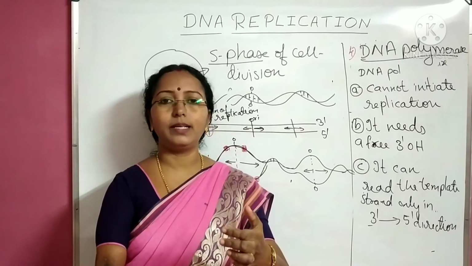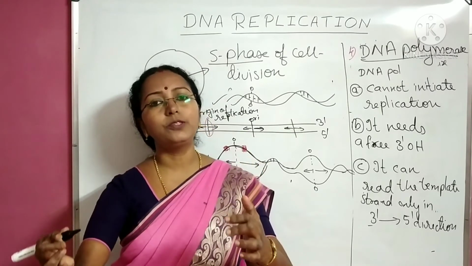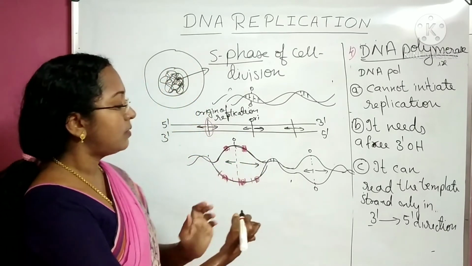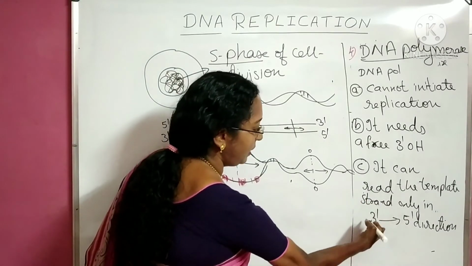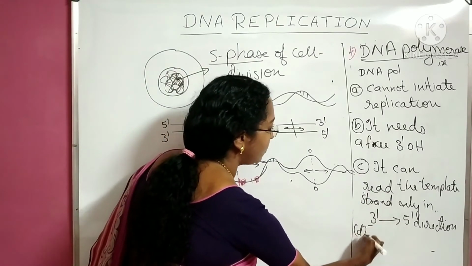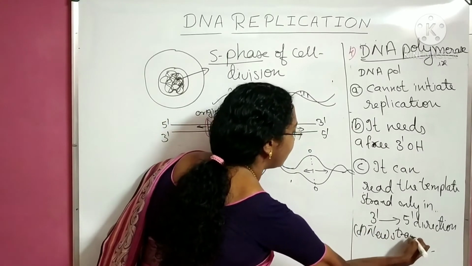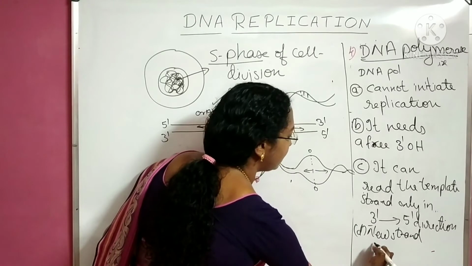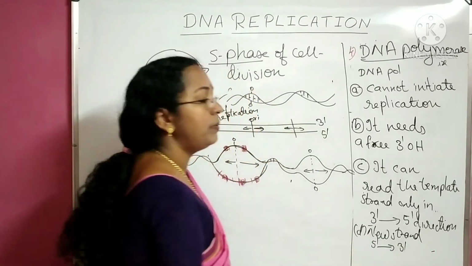In the opposite direction. So the new strand is always produced in 5' to 3'. Okay, so that is the next feature. It can read the template only in 3' to 5', and so it can synthesize the new strand. New strand is always synthesized in the 5' to 3' direction.